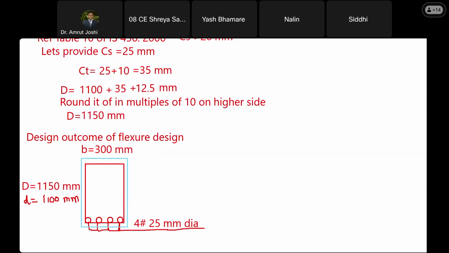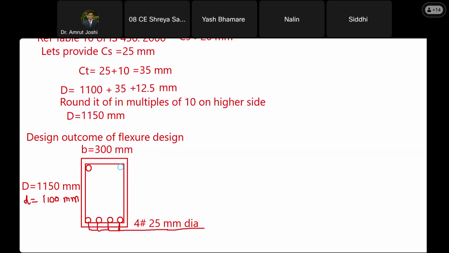Are you with me? Yes, sir. And how do we prepare this reinforcement? That also I will tell you. But to hold this reinforcement on top, we are going to have 2 bars at least, which are called anchor bars. What do these anchor bars do? They hold this shear reinforcement in place. Are you with me? Yes, sir.